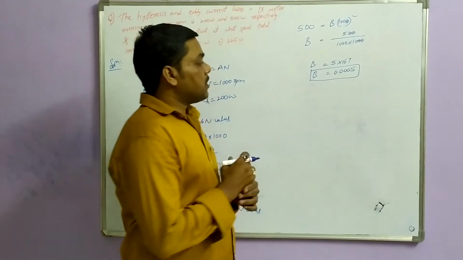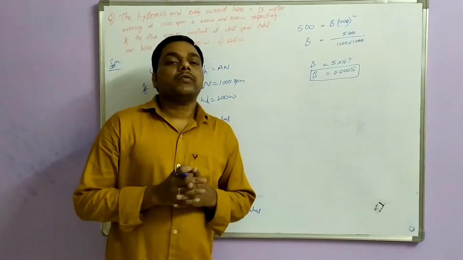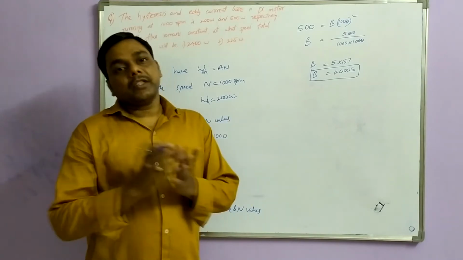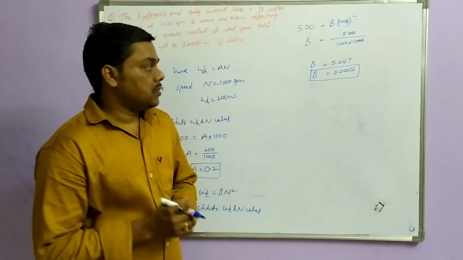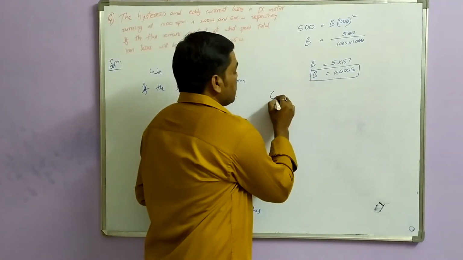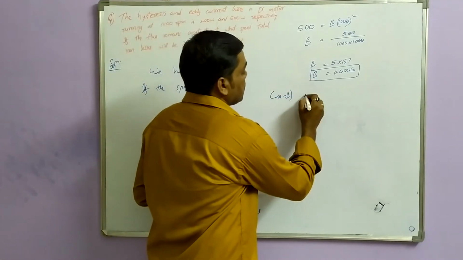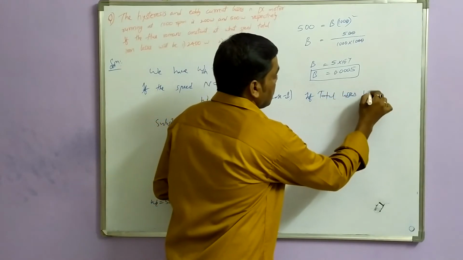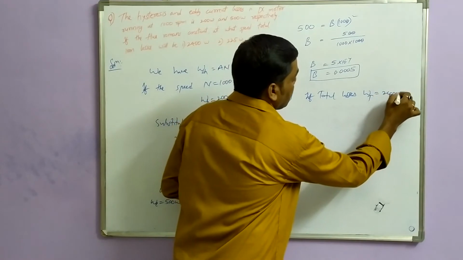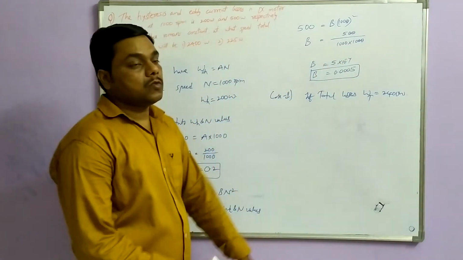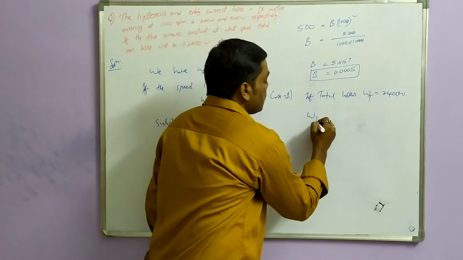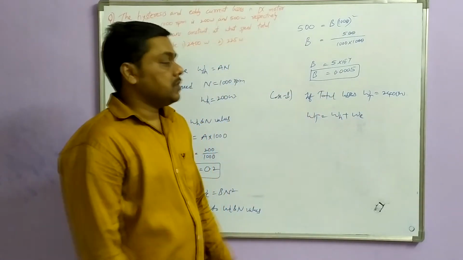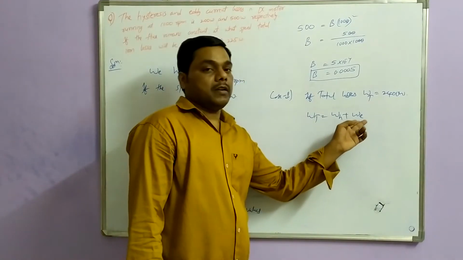We calculated the A and B values. Now we have to calculate, if total losses are 2400 watts, how many hysteresis losses and how many eddy current losses there are. So case 1: if total losses WT is equal to 2400 watts. WT is nothing but WH plus WE, hysteresis losses plus eddy current losses.